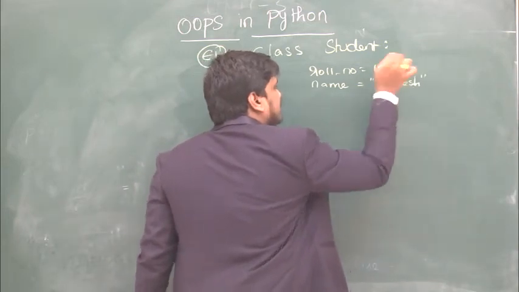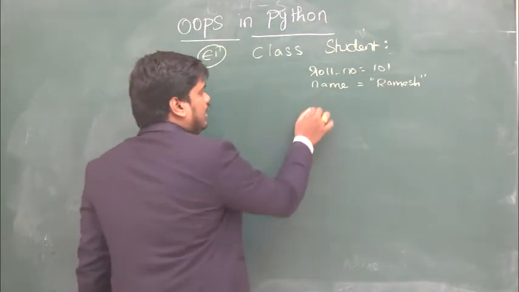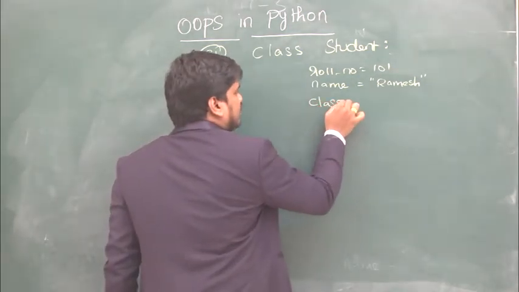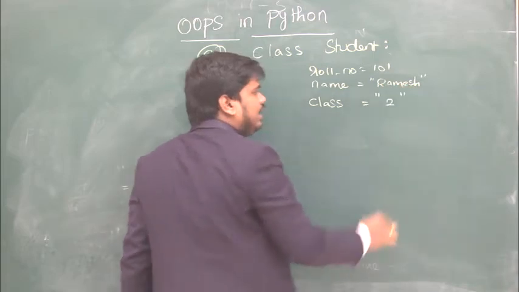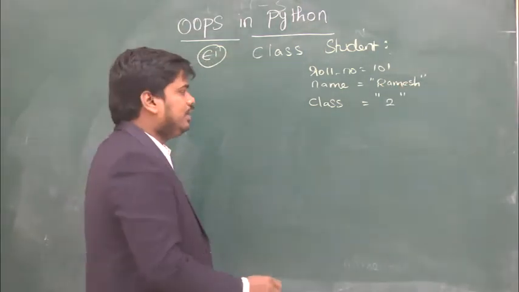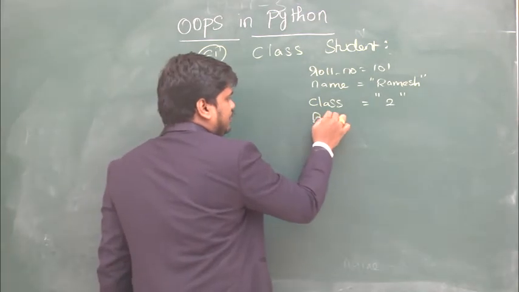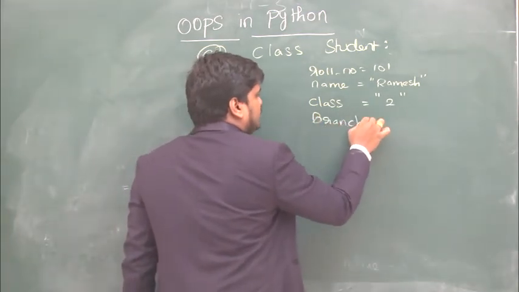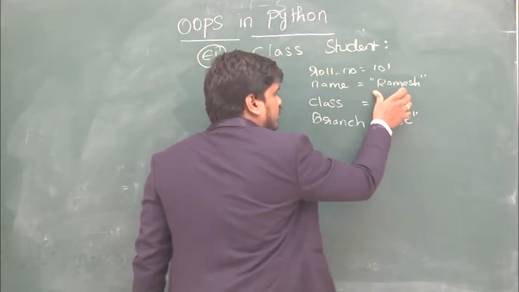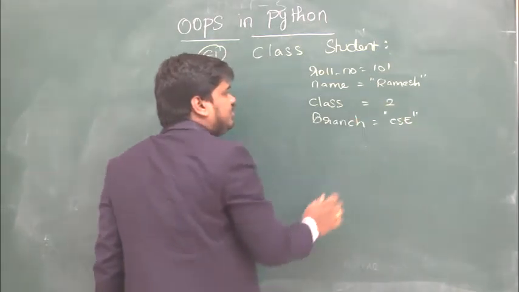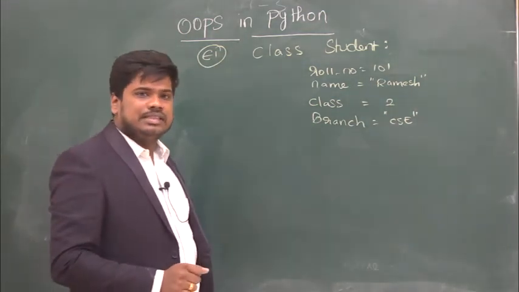The class is second year, he is from the second year, and the branch is CSE. Is it clear?